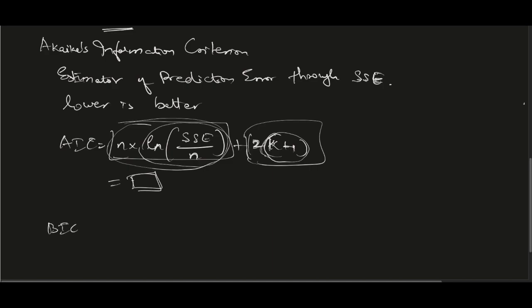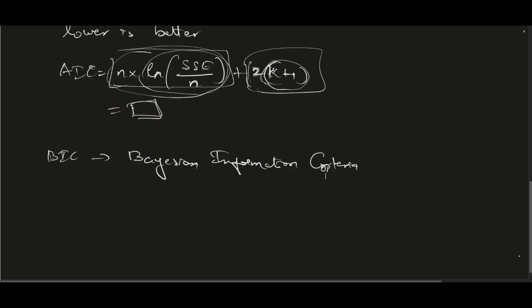BIC is also of a similar type. It stands for Bayesian information criteria. Now here the intention is not to forecast, but to find the better goodness of fit, whether the model is fitting properly or not.